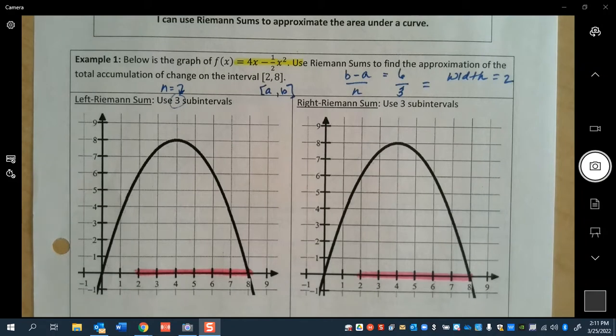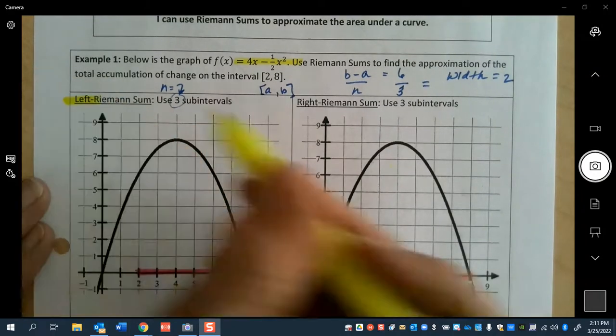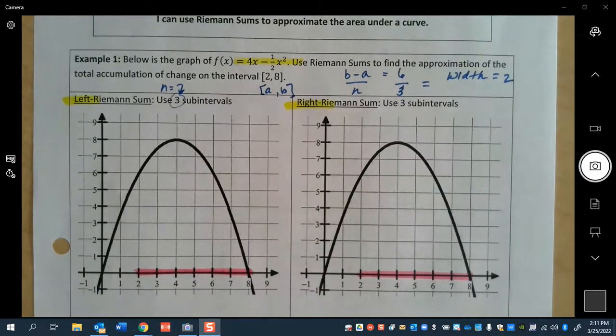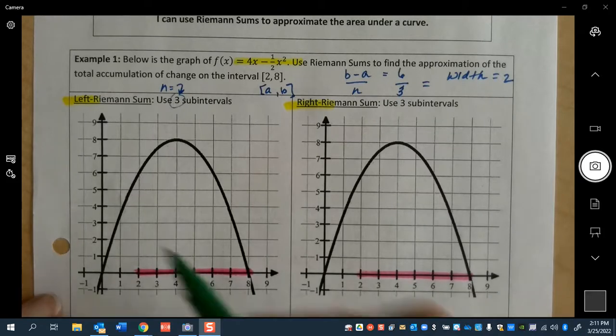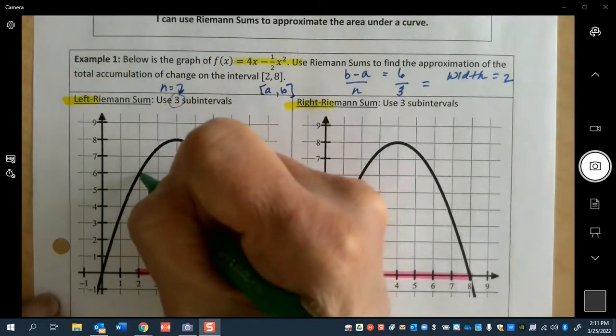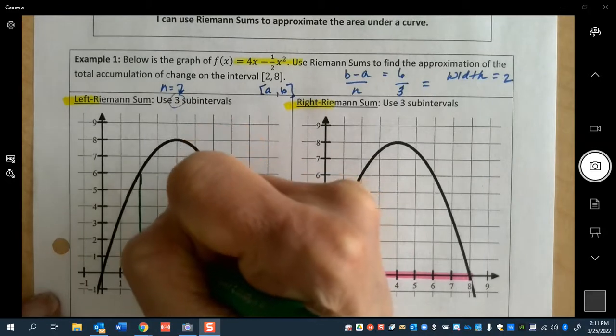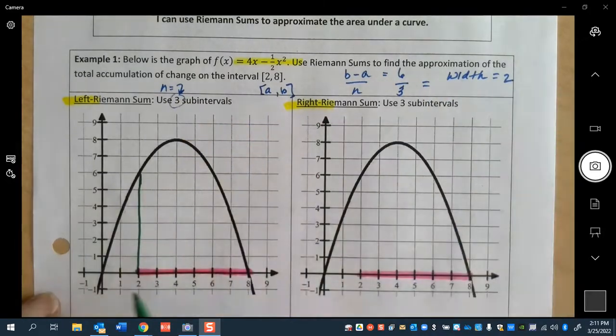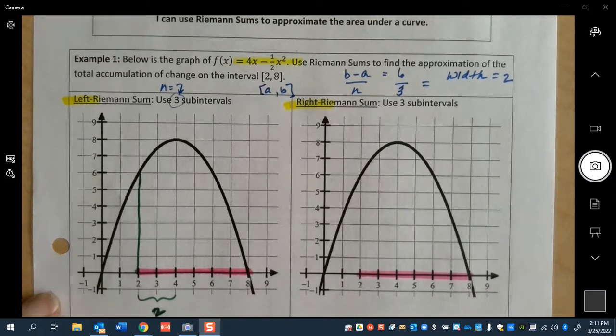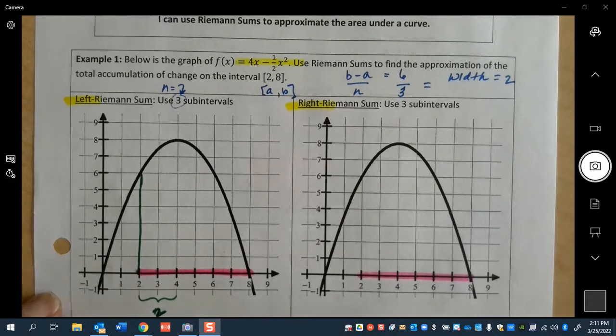So when I do this, there's a difference between whether I'm calculating it according to a left-hand sum or a right-hand sum. And remember, left is the one that makes the L, your right is the other one. That's going to be the side that touches the curve. So when I look at each of these intervals, I'm going to draw a box where I have a width of 2. That's my width of 2, because I'm going to have 3 different sums.